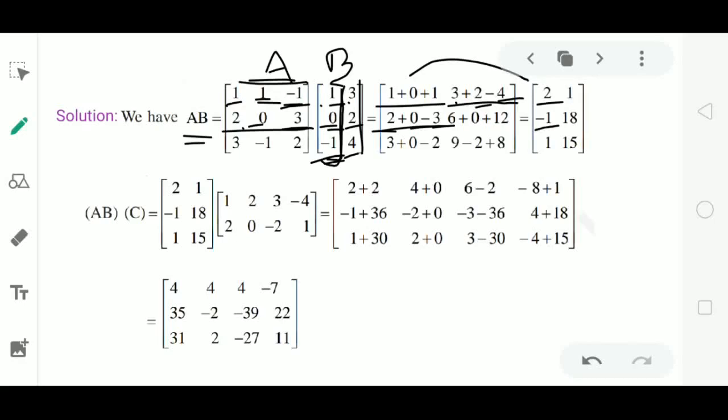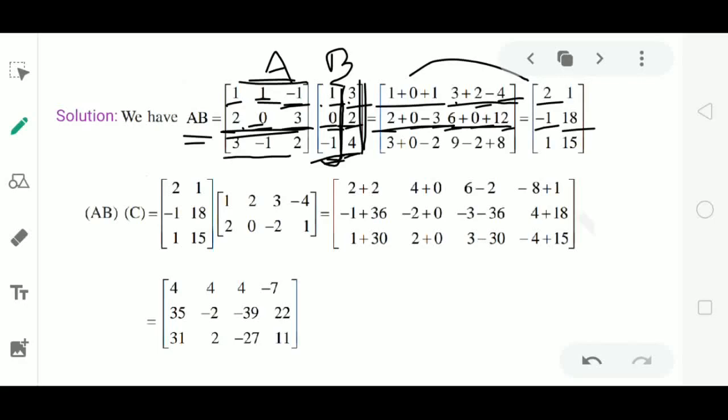Next, second row, second column. 2 into 3 is 6, 0 into 2 is 0, 3 into 4 is 12. 6 plus 0 plus 12 is 18. We have multiplied the second row with both of the columns of B.